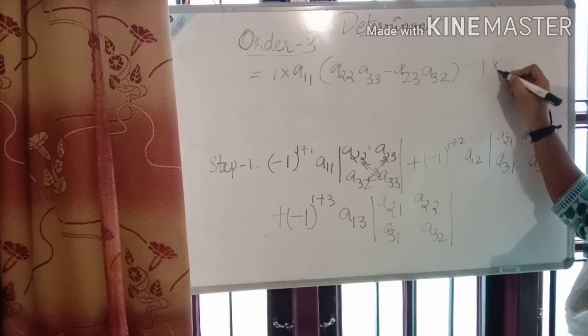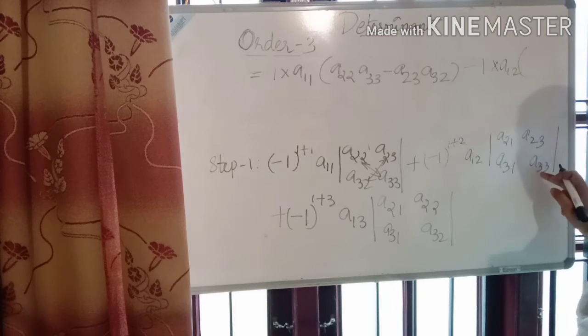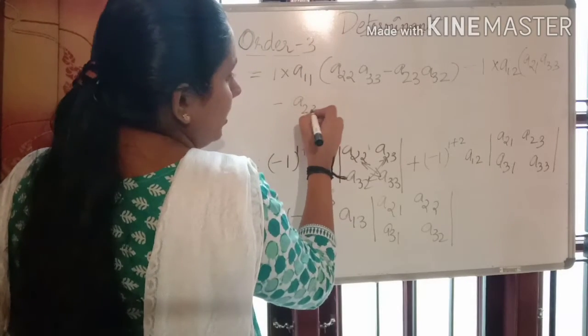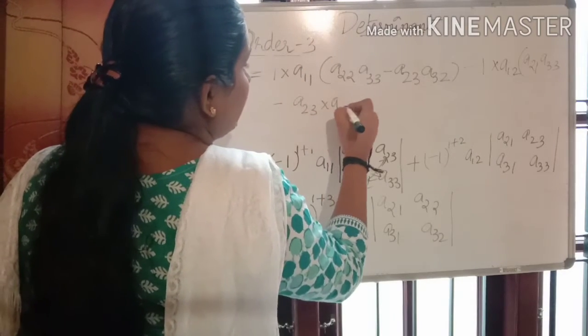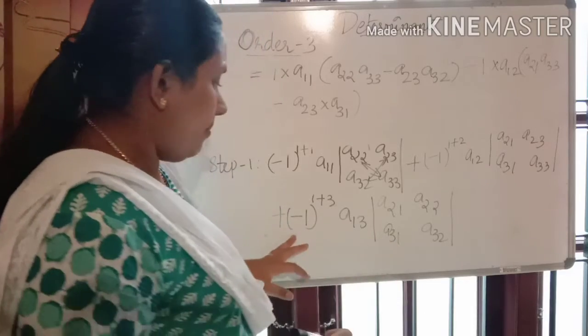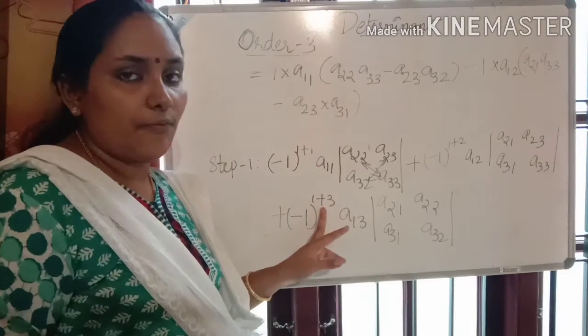Into A12, the determinant A21 into A33 minus A23 into A31. Next one is minus 1 to the power 1 plus 3, that is 4.